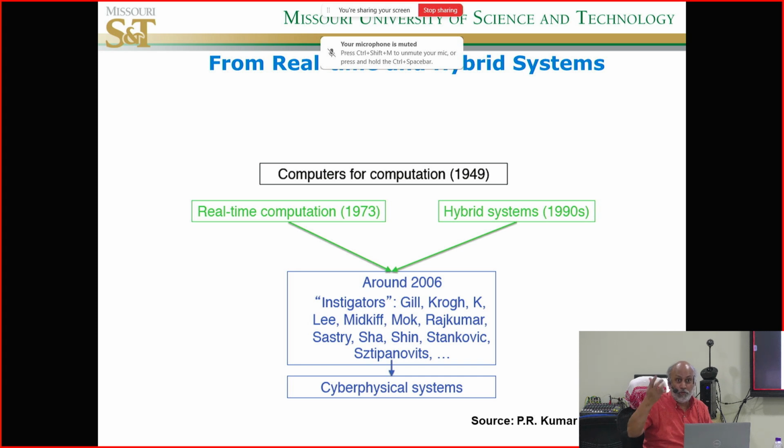That's why we usually describe the behavior of a continuous system, any process, by ODEs or PDEs. And then you can see that around 2000, there are people who coined the term cyber physical systems.